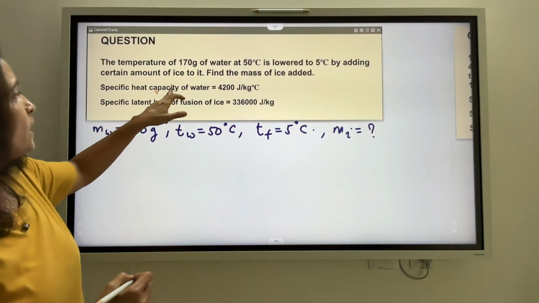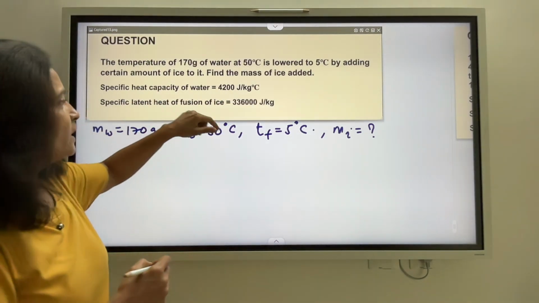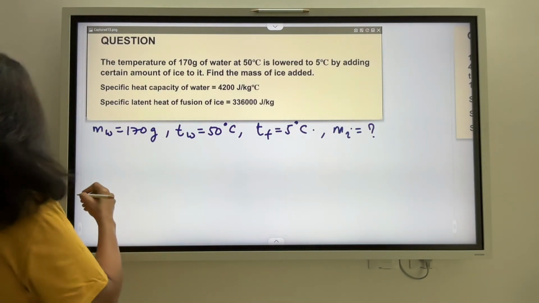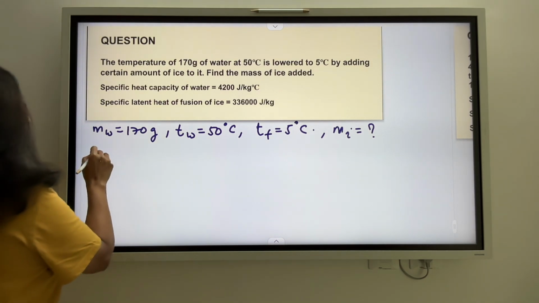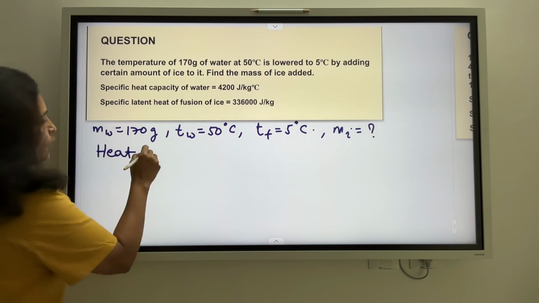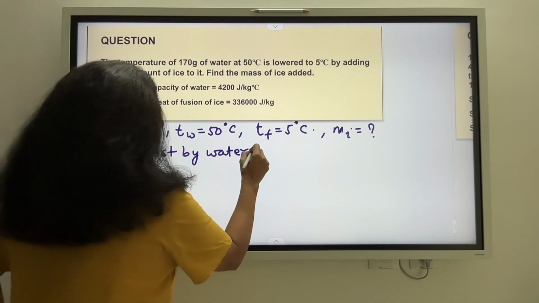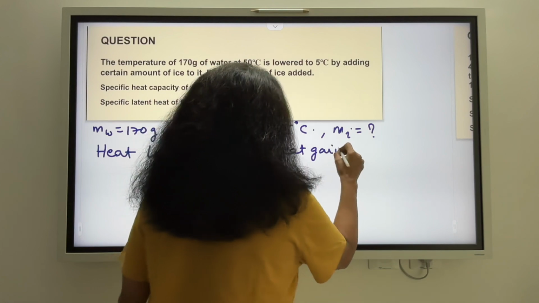Now the specific heat capacity of water is 4200 joule per kg degree centigrade and latent heat of fusion of ice की value भी हमें दी हुई है. Now what do we do here? Now we have mass of water, so heat lost by water is equal to heat gained by ice.